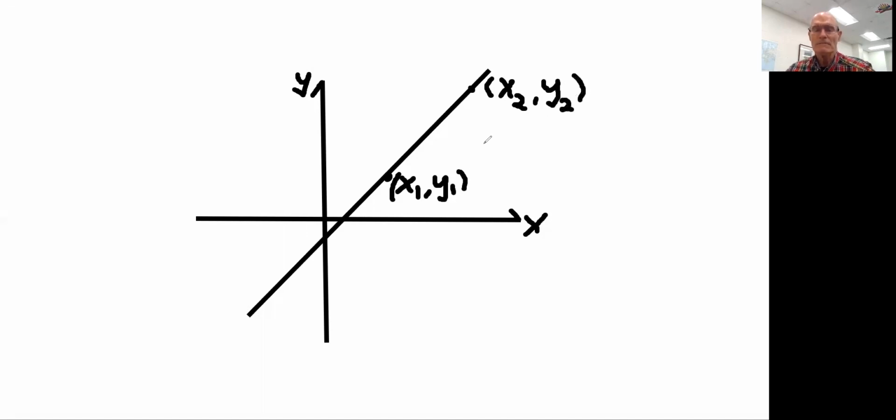Remember, the formula for the slope is the change in y. So we have m equals the change in y, which is delta y over delta x.